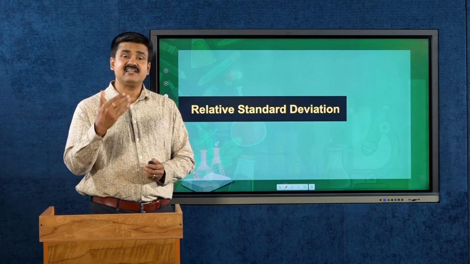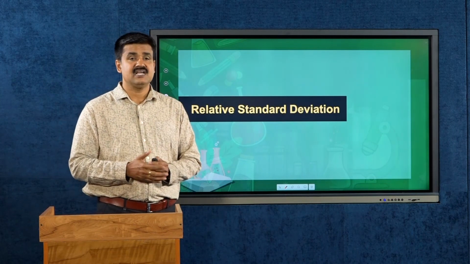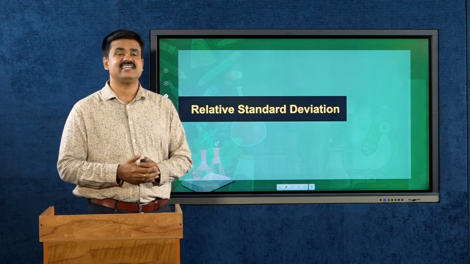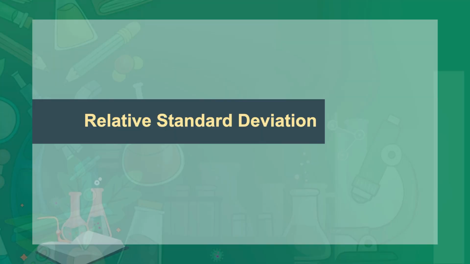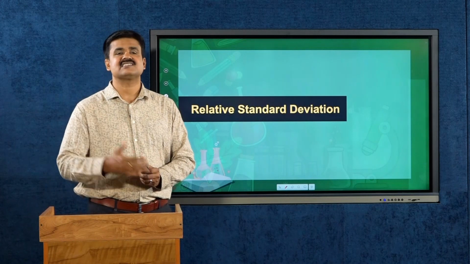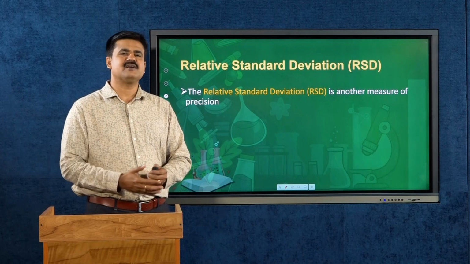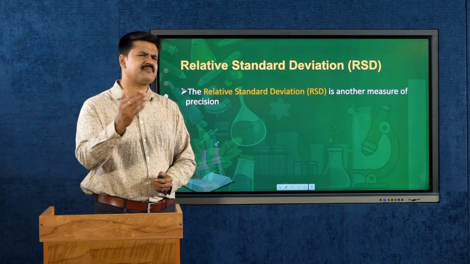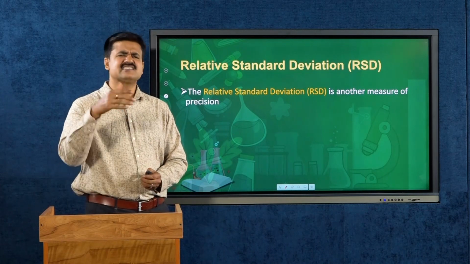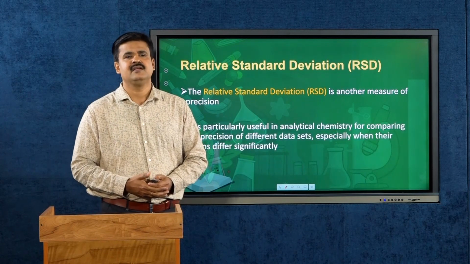Now, another important statistical procedure related to standard deviation is RSD, or relative standard deviation. We are now focusing on the concept of relative standard deviation. Relative standard deviation, abbreviated as RSD, is another measure of precision. As with standard deviation, RSD is an indication of the precision or reliability of a set of measurements.